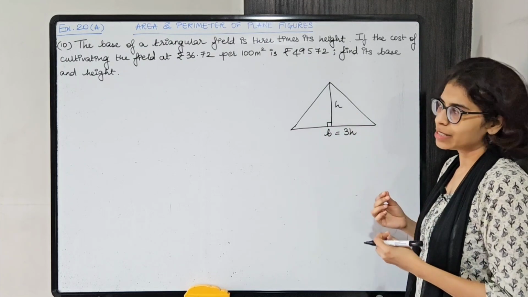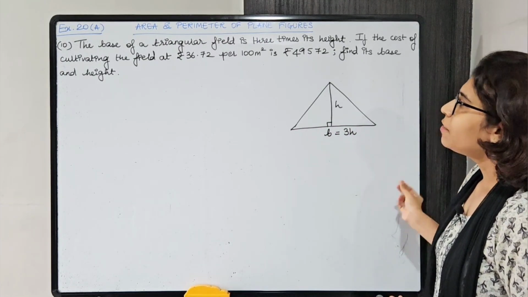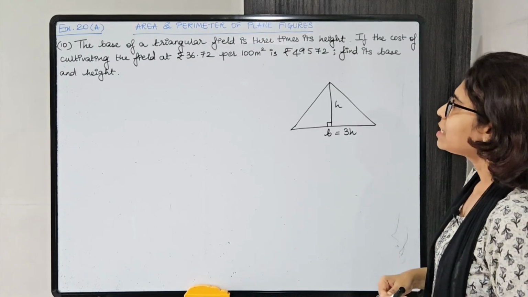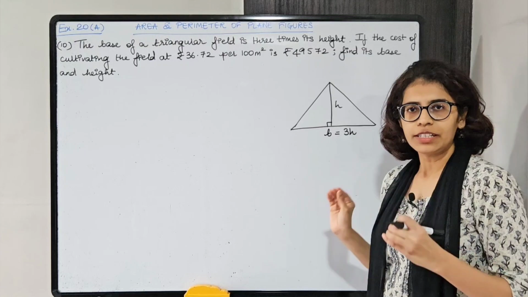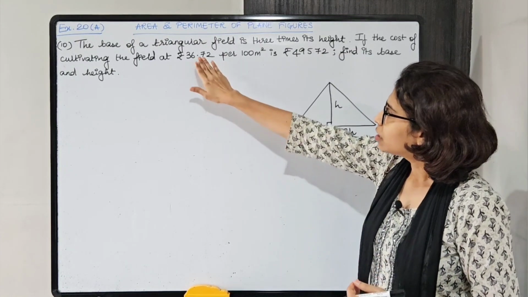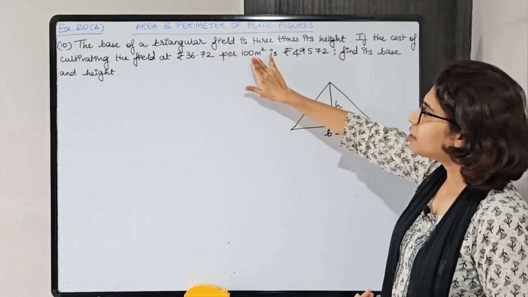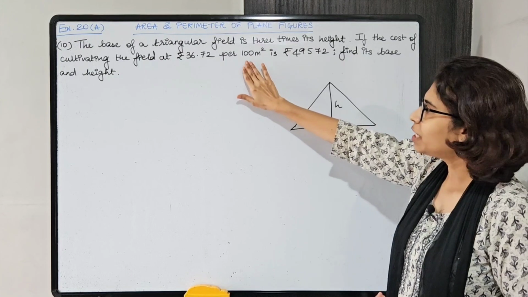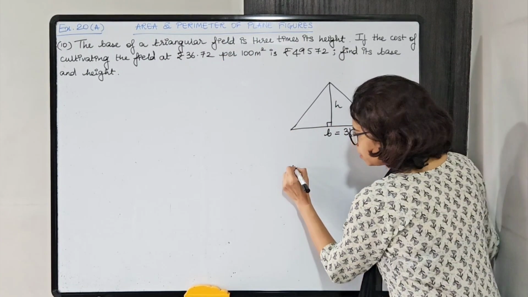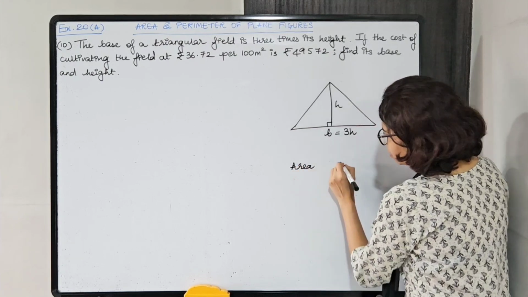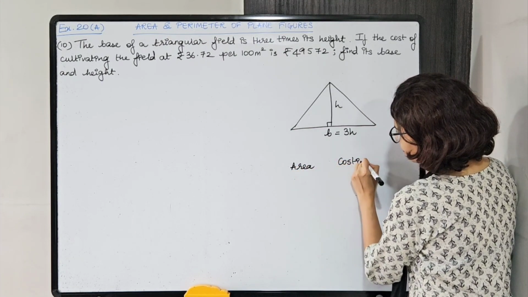Now what else? The cost of cultivating the field at rupees 36.72 per 100 square meter. The cost of cultivating the field is 36.72 for 100 square meter. 100 square meter area के लिए इतना costing है. Okay, so area and costing.